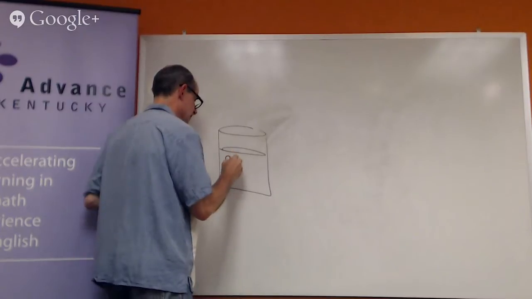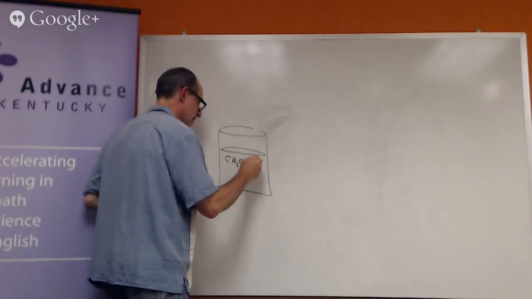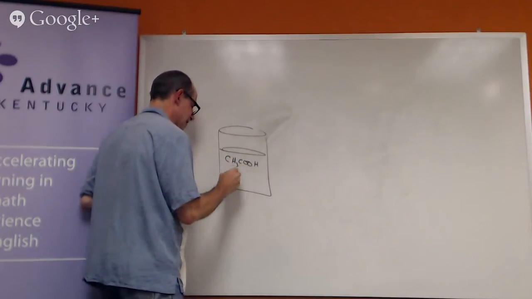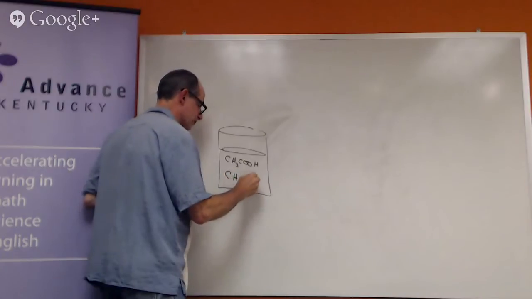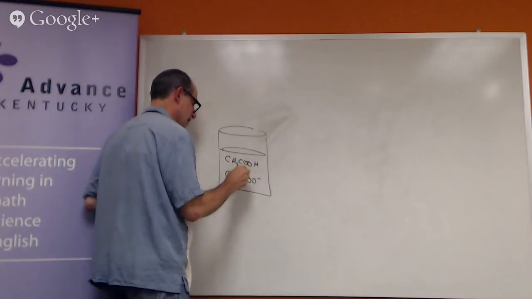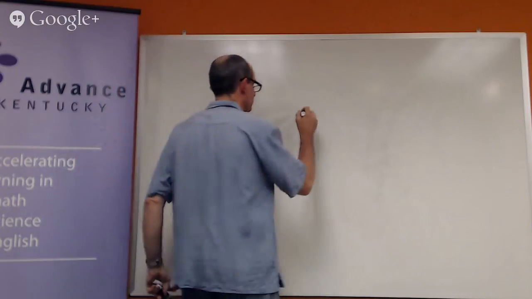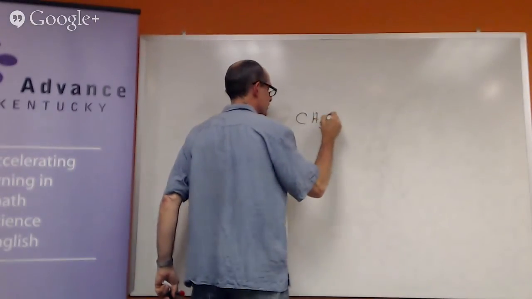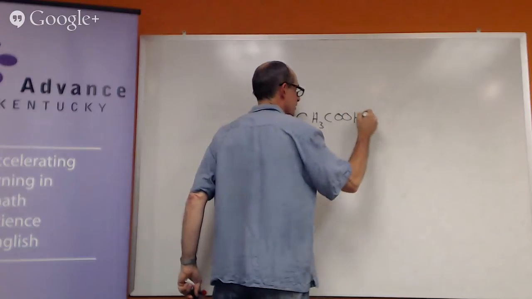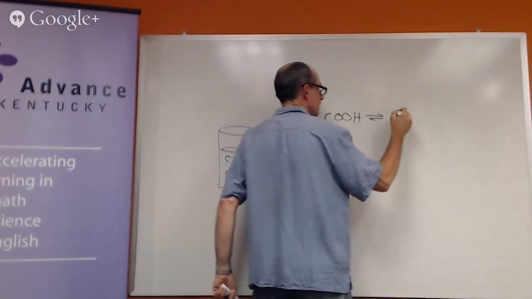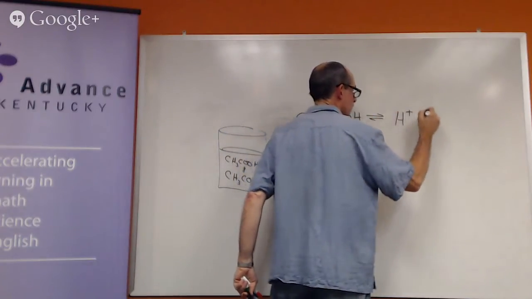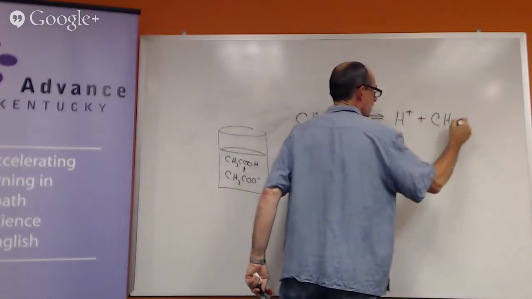Our buffer contains acetic acid and acetate ion. And most of you will recognize the relationship between these. This is a weak acid and its conjugate base. So typically they would exist in equilibrium with each other and they will not react with each other. I will write the equilibrium equation here.